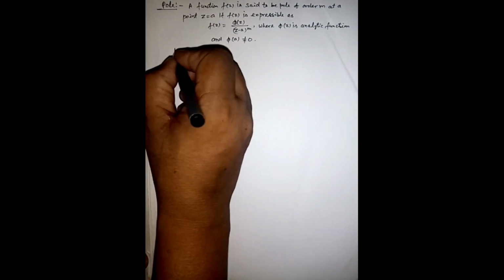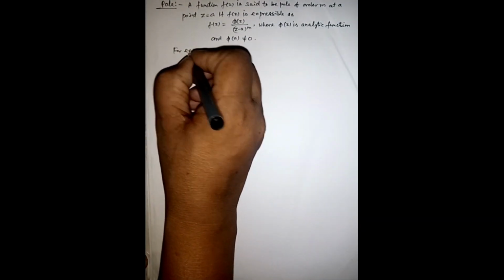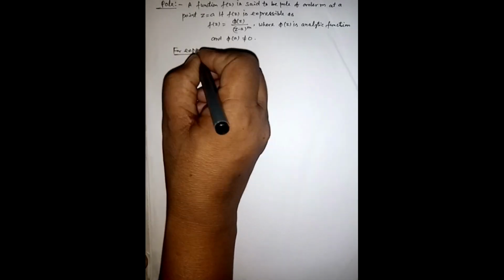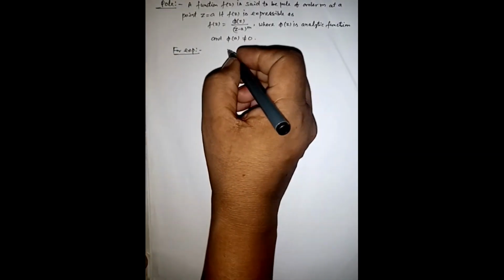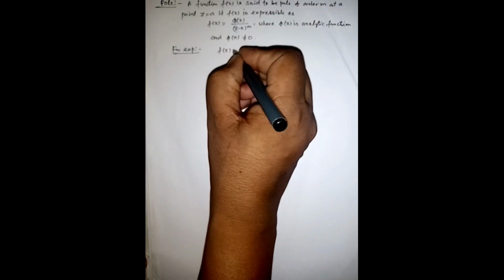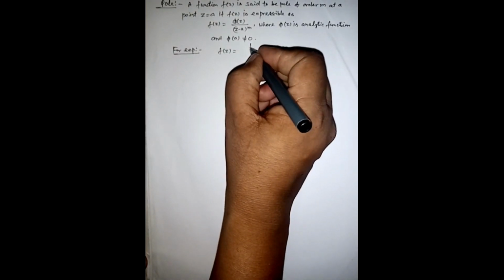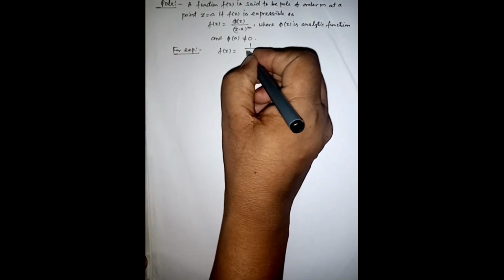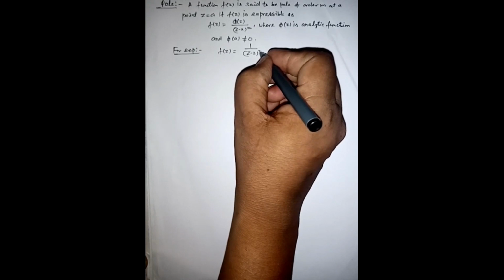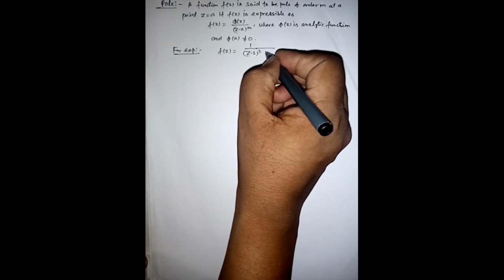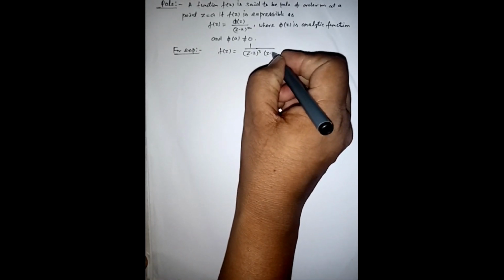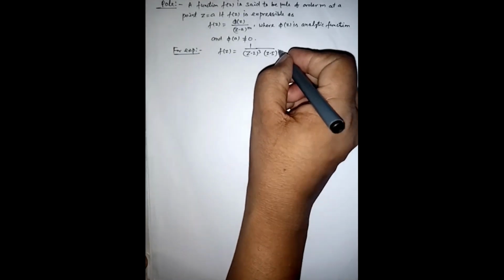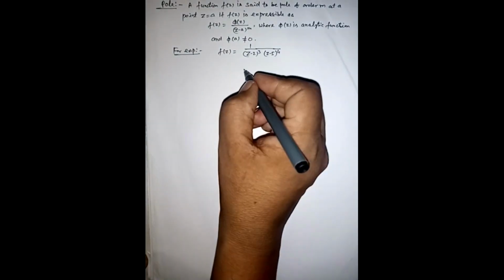For example, f(z) equal to 1 upon (z minus 2) power 3 into (z minus 5) power 4.